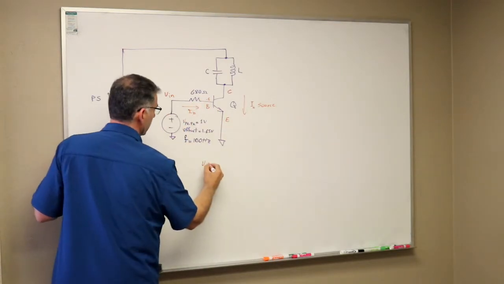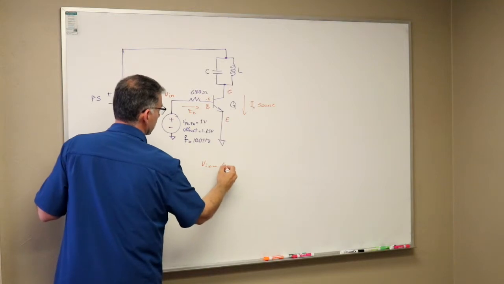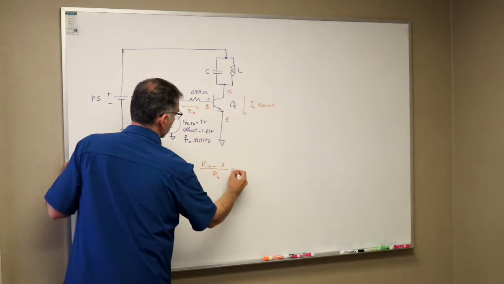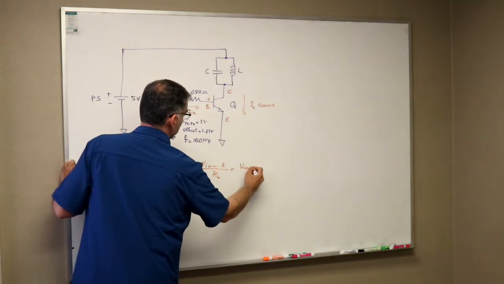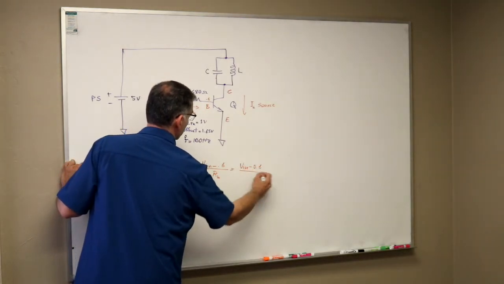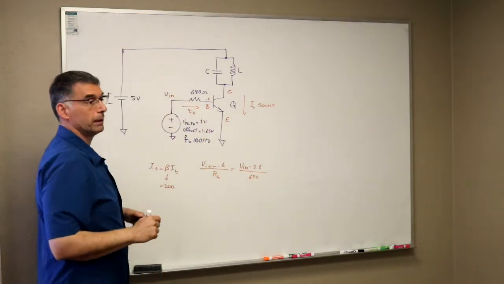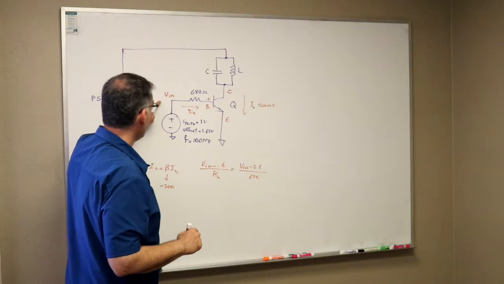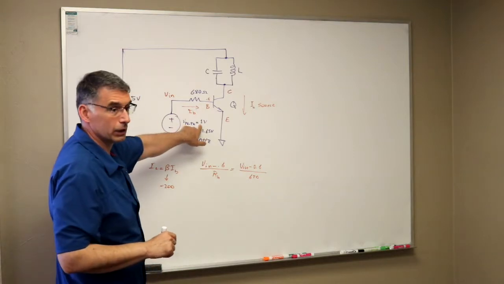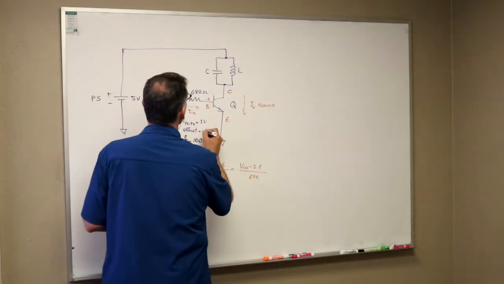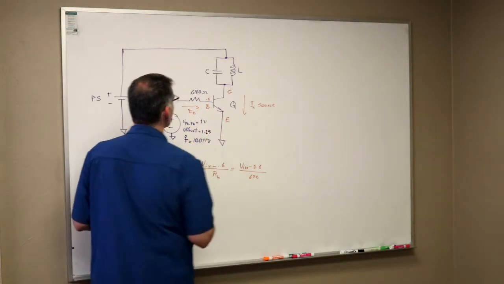So Vin minus 0.6 over that RB, or Vin minus 0.6 over 680, gives you the amount of IB, the current there. Now Vin, we set the peak voltage to 1.25, right?